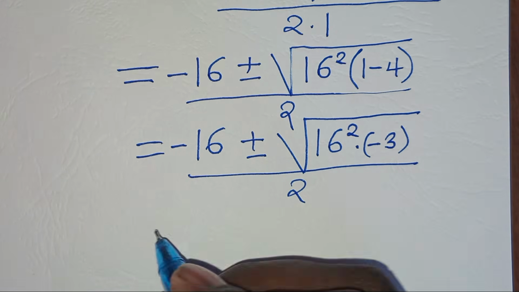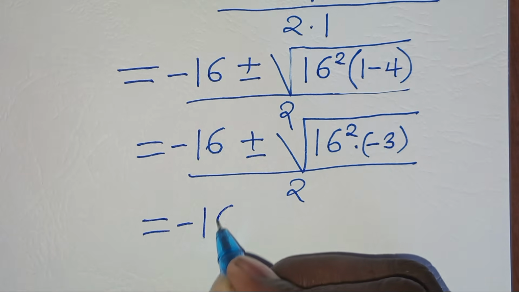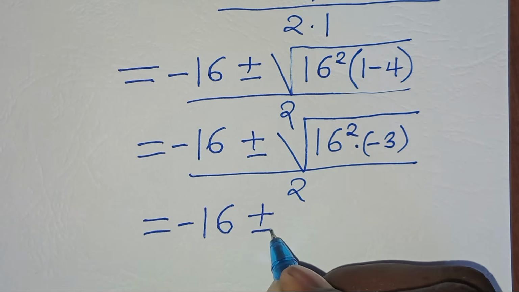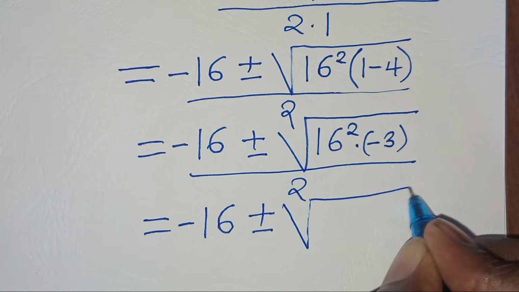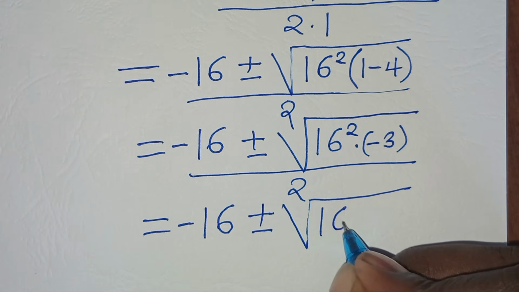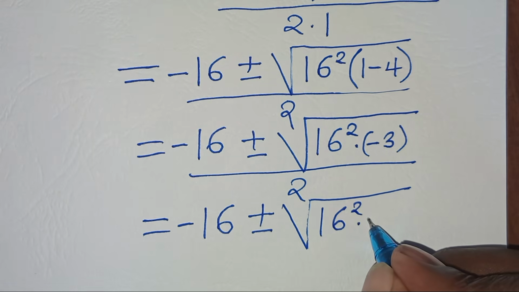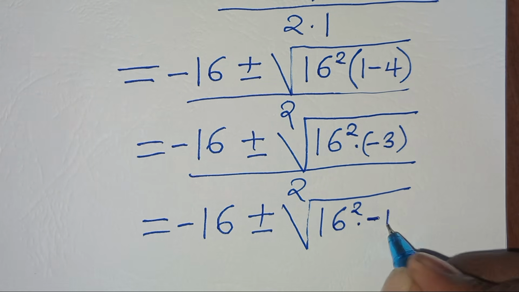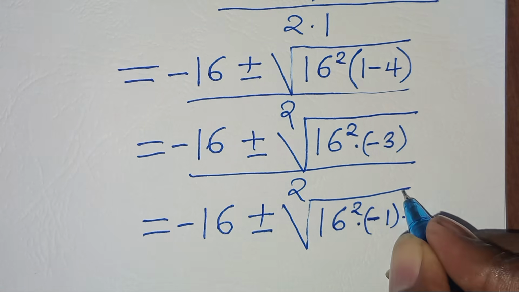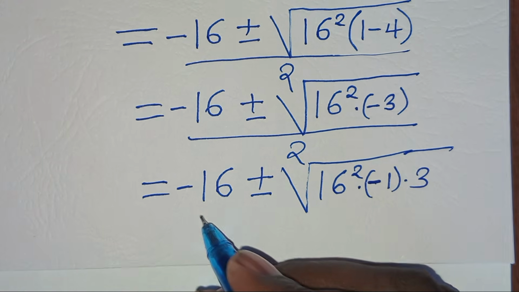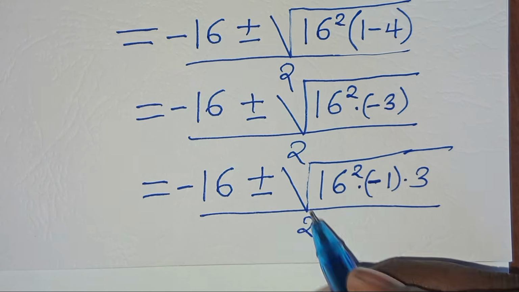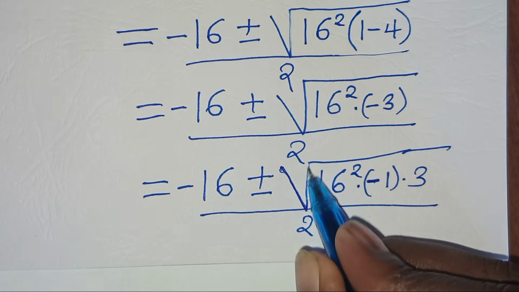The next step is that we have negative 16 plus or minus. We can express this as the square root of 16 raised to the power of 2 multiplying by negative 3, which is the same thing as negative 1 multiplying by 3, then divided by 2.